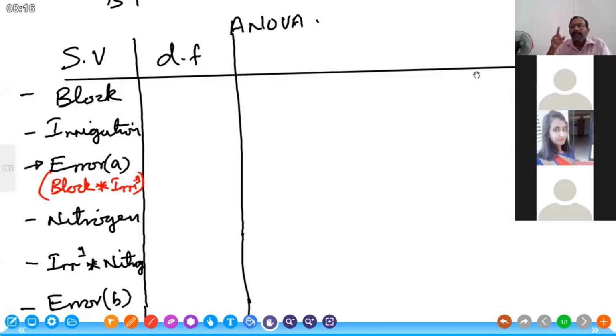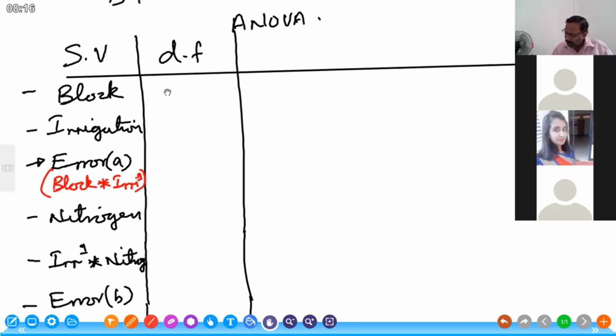If I ask, give the template of the ANOVA table, then you can give. People are writing, for example, R minus 1, A minus 1. I don't want this.